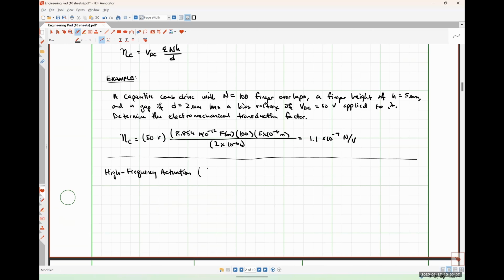So what I mean by high frequency actuation is that the twice omega term of our signal, that twice omega is much, much greater than the mechanical resonant frequency of our system.